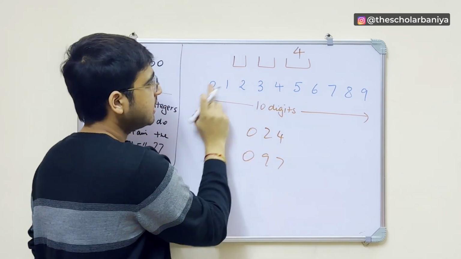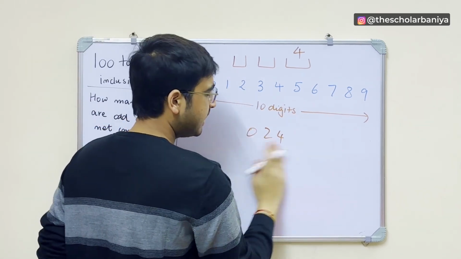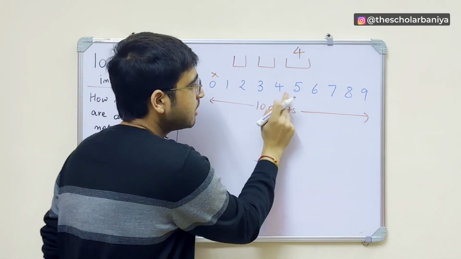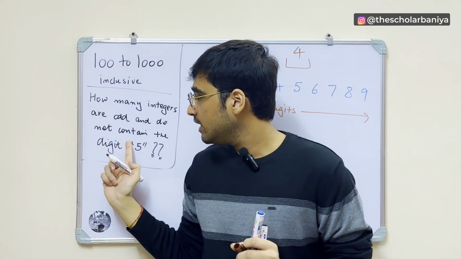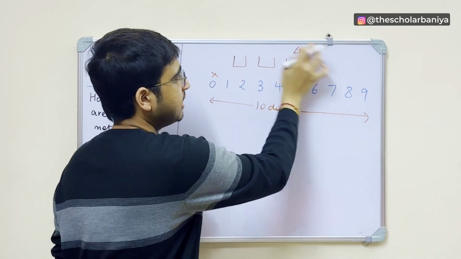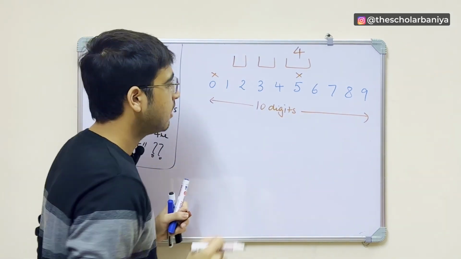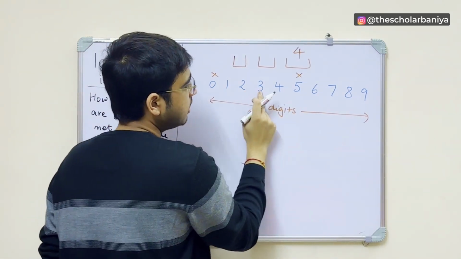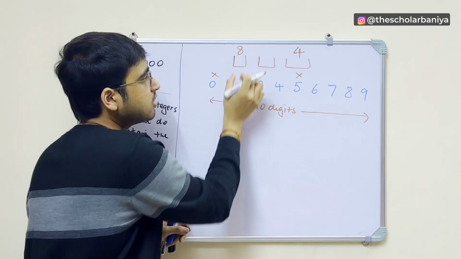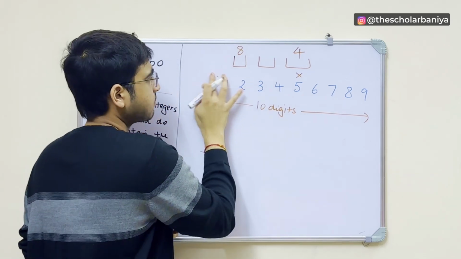So 0 is not an option. Similarly, the integer cannot contain 5, so 5 also cannot be an option. So the options are 1, 2, 3, 4, 6, 7, 8, 9. There are a total of 8 options for this digit. I hope this is pretty clear.